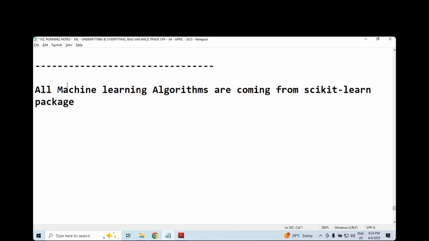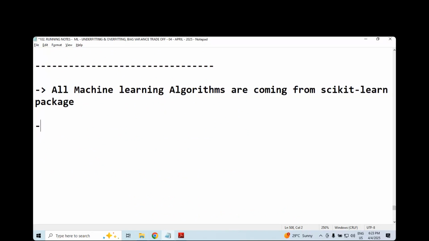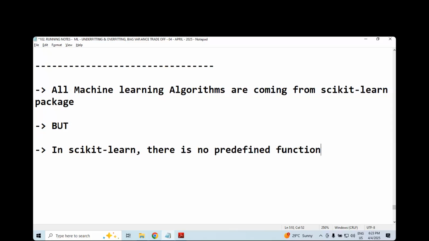Good. But in scikit-learn, there is no predefined function to calculate bias and what exactly? Variance.